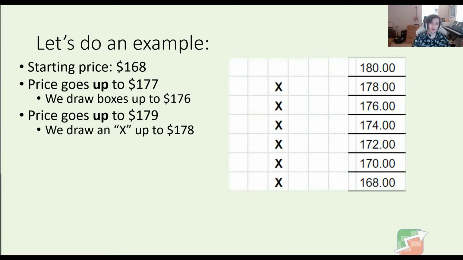So we would draw an X up to the 178 line. Now, I didn't have a good day in the market. Juan de los Palotes ETF went down a little bit. So the price goes down to 175.